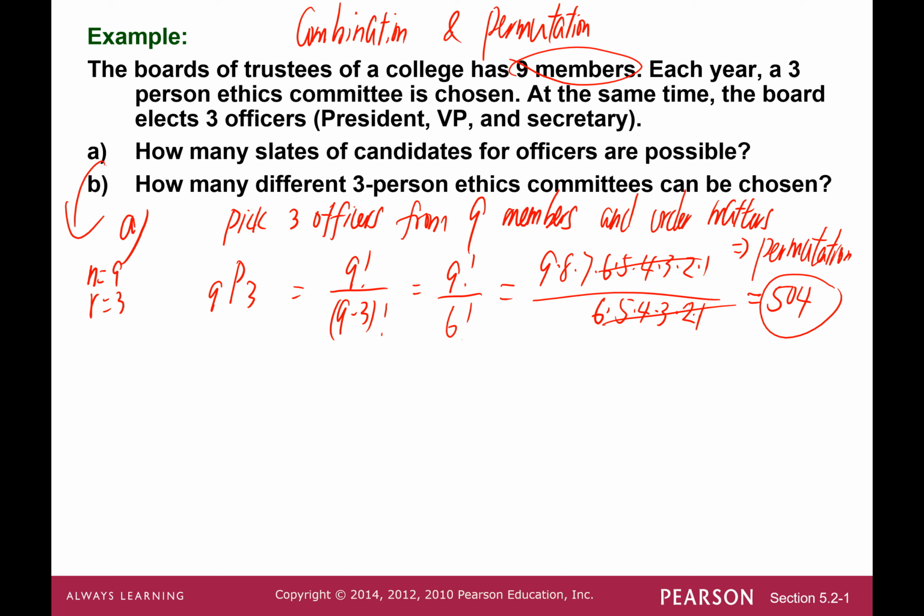Now if you look at part B, now you're just picking 3 committee members. So pick 3 committee members from 9 members.